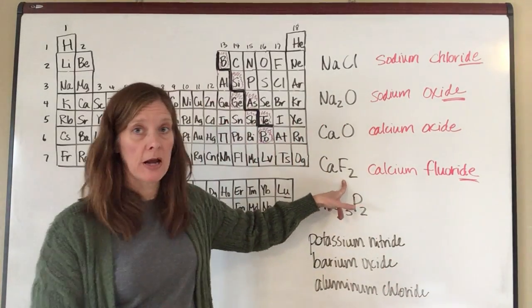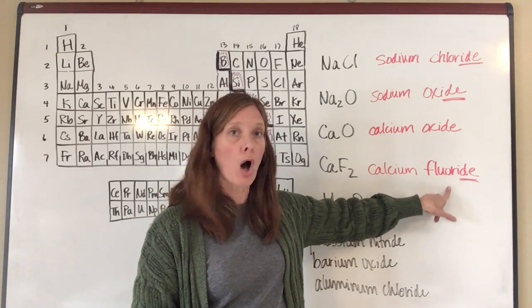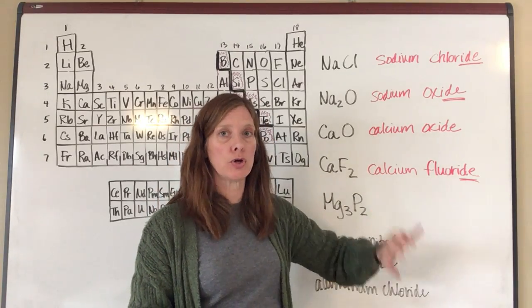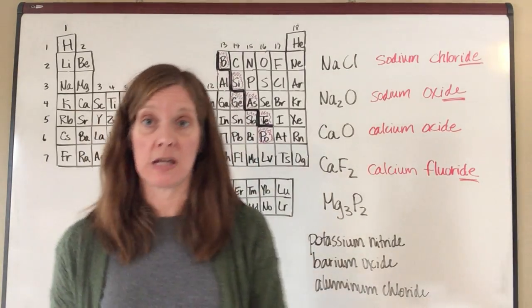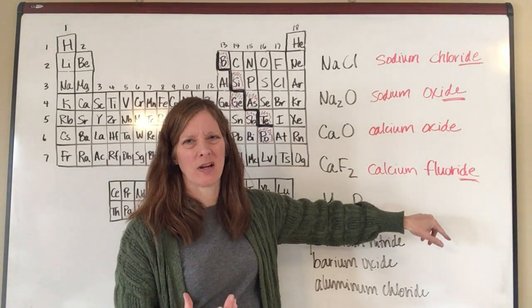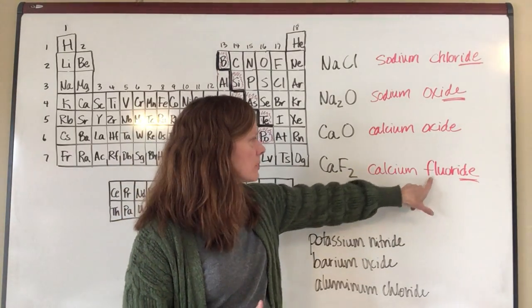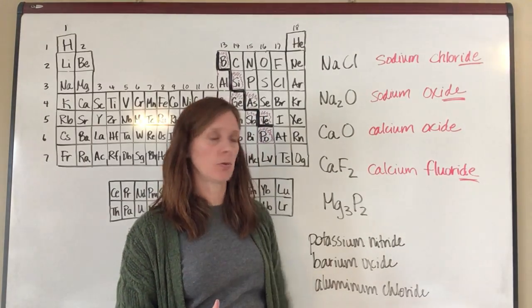Now, when you write fluoride, you need to be careful because it's spelled F-L-U-O-R, not O-U. I see an awful lot of calcium fluorides. Flour is what you use to make cookies with. We're not making cookies today, so I know that's disappointing. I wanted cookies too. But anyway, calcium fluoride is F-L-U-O, so make sure you put the U in front of the O whenever you write fluoride.